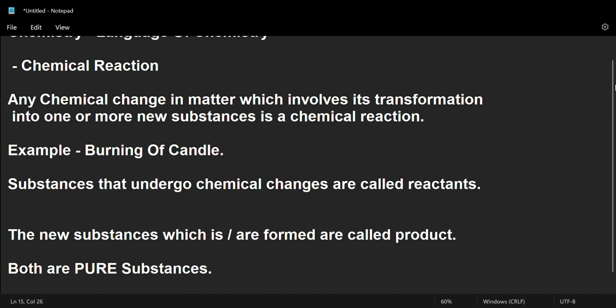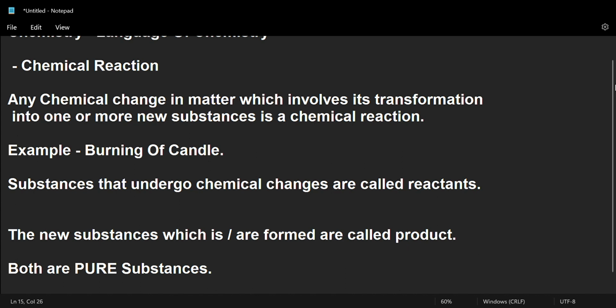Potassium chlorate on heating becomes potassium chloride and oxygen.